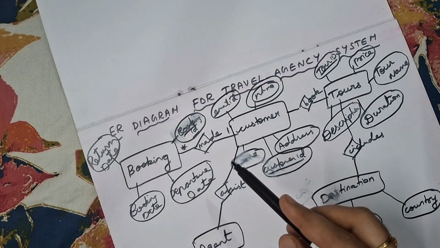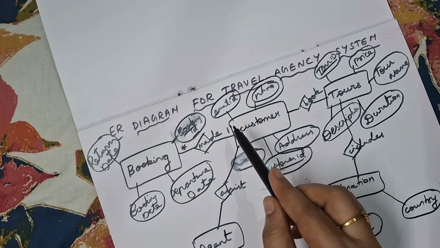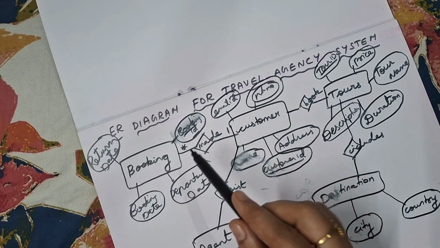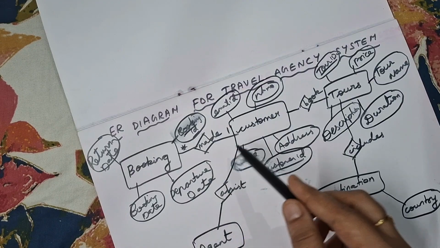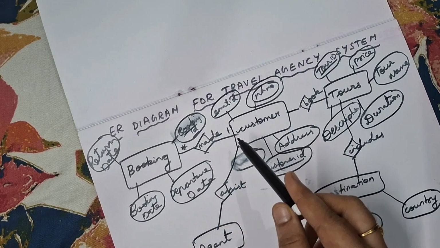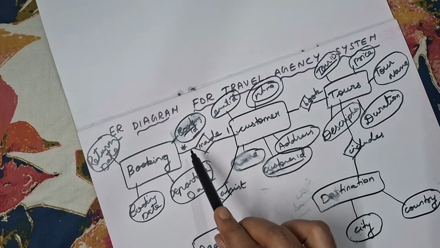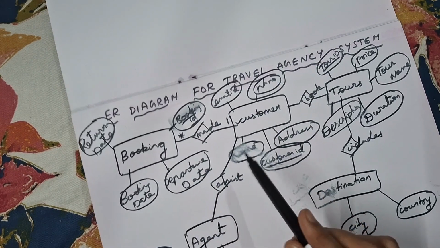It is a group payment because one customer wants to do many bookings since they are going on a family tour and not a single person tour. Therefore, the relationship between booking and customer will have a cardinality of many is to one.